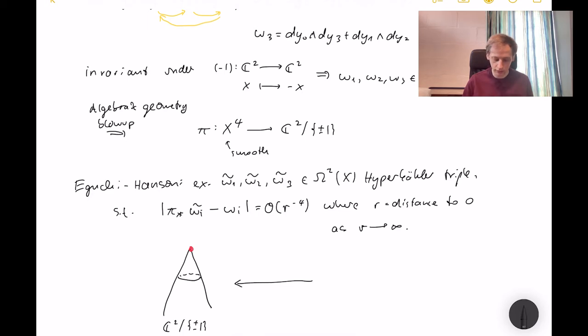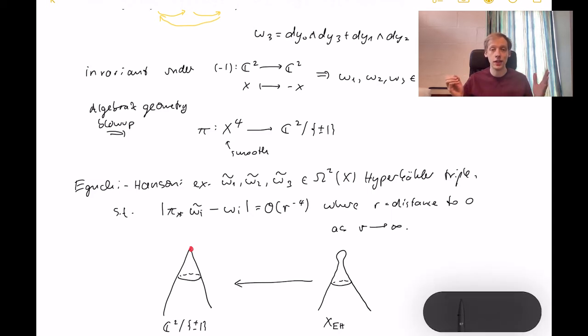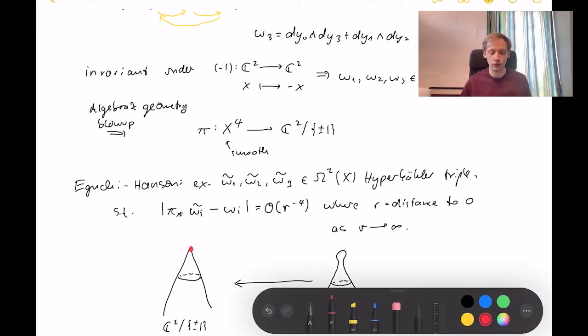Let's write that as X_EH for Eguchi-Hanson. And there, this one singular point has become a two-sphere. But more importantly, the whole space X_EH is now a smooth manifold.